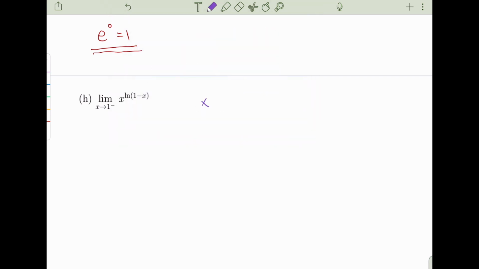Now take the ln. So we have ln y equal to ln of this, x to the ln this. Therefore I have ln 1 minus x times ln x.